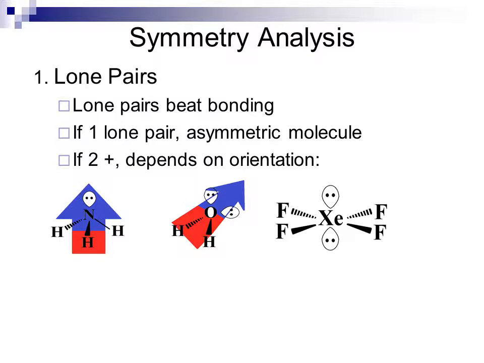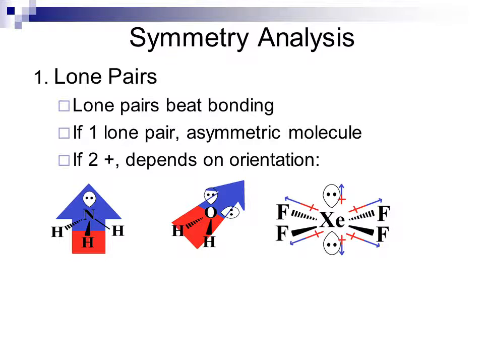But if I consider the molecule xenon tetrafluoride, we have 4 fluorines and 2 lone pairs. The 2 lone pairs are directly opposed to one another in a tug of war, one pulling straight up and one pulling straight down. We can consider the 4 fluorines to be the 4 corners of a square, and so those corners all pull directly against one another.